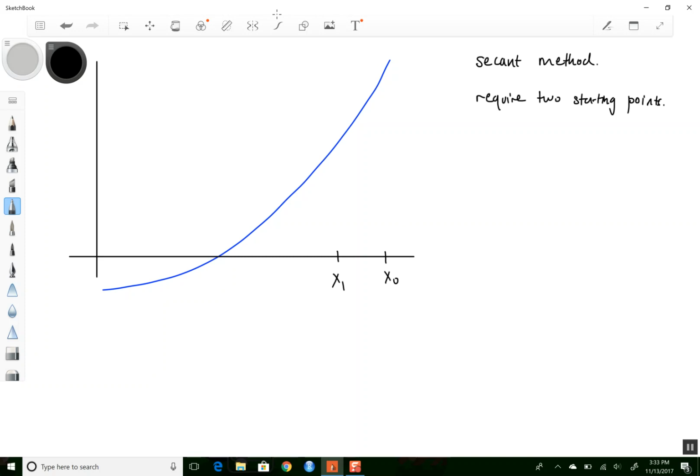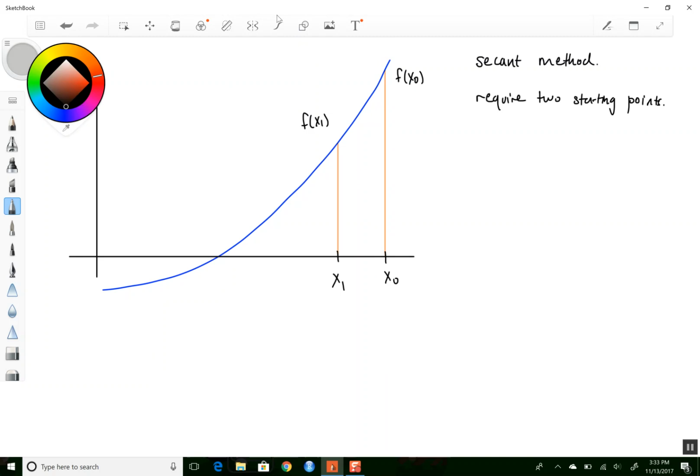The way this works is, we calculate f of x0 and f of x1, and we draw a secant line that connects these two points.